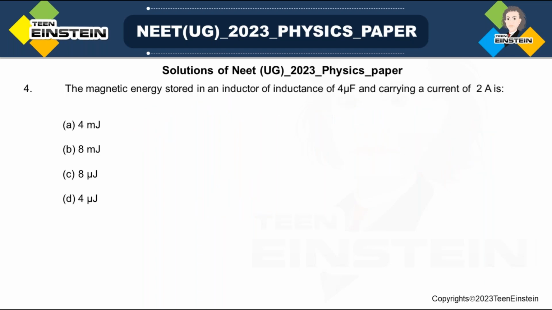Now we'll go to the next problem. This problem is from magnetostatics. So what is this problem saying? The magnetic energy stored in inductor of 4 microfarad and 1 ampere.